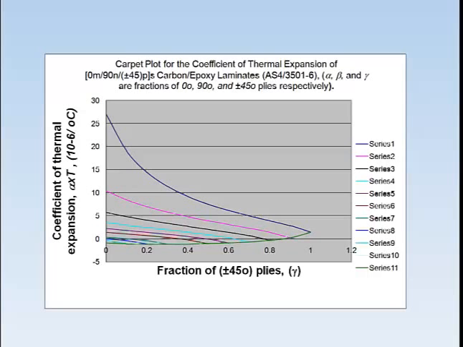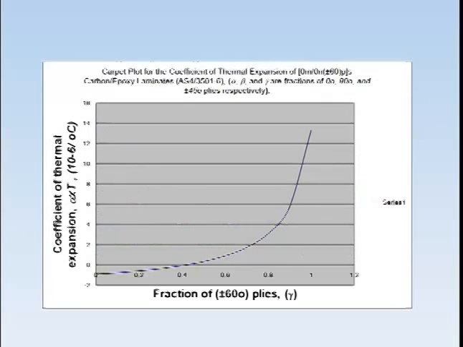This graph represents the carpet plot for the coefficient of thermal expansion of 0m / 90 and plus or minus 45 degree carbon epoxy laminate AS4/3501/6. Alpha, beta, gamma are the fractions of 0 degree, 90 degree and plus or minus 45 degree plies respectively.